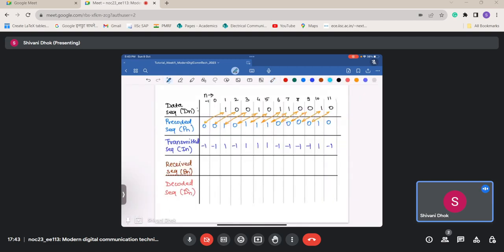So at n equal to 1, we have 1 minus of -1, so that comes out to be equal to 2. Then at n equal to 2, we have -1 minus of -1, so this comes out to be equal to 0. Then at n equal to 3, we have 1 minus 1, that comes out to be equal to 0. Then at n equal to 4, we have 1 minus of -1, which is again equal to 2. Then we have 1 minus of -1, so this is equal to 0.